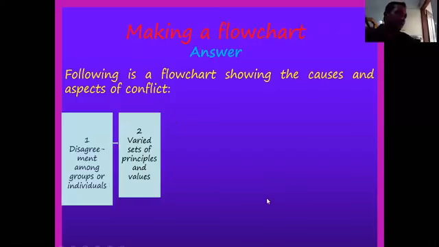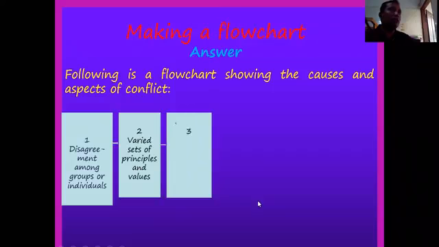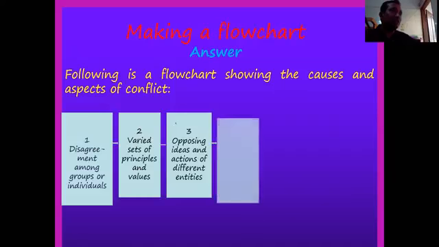I have first shown causes of conflict. Then aspects. First three boxes contain causes of conflict 1, 2, and 3. And the last three boxes contain aspects of conflict.